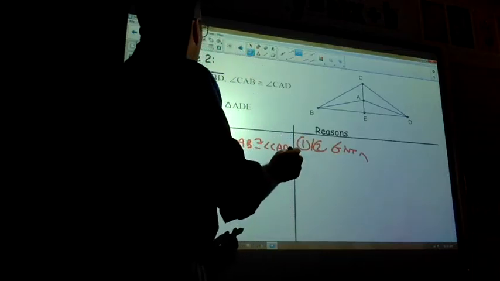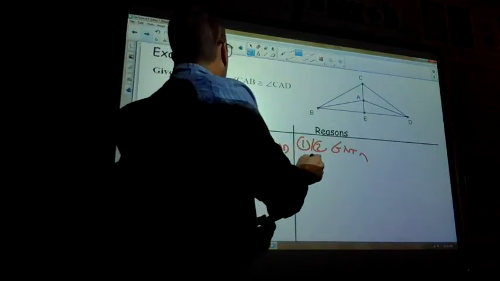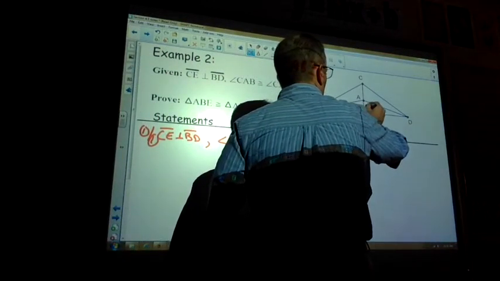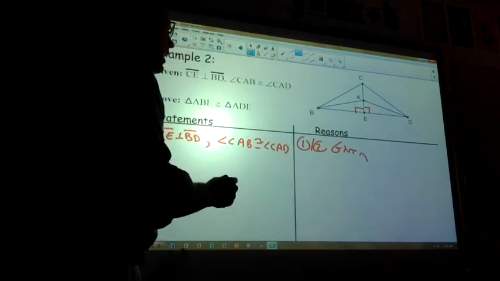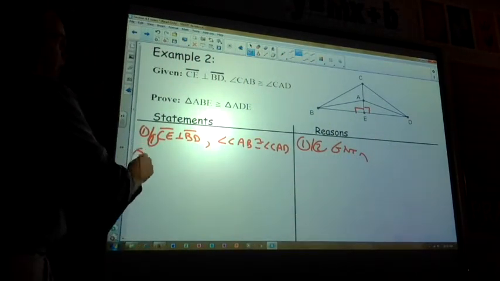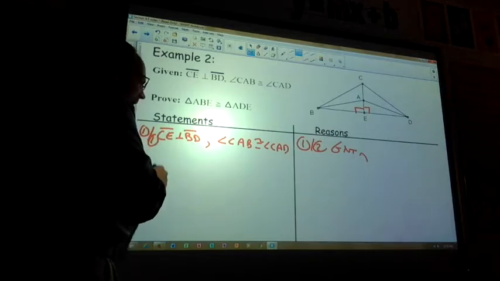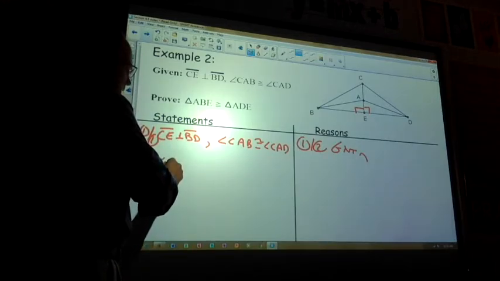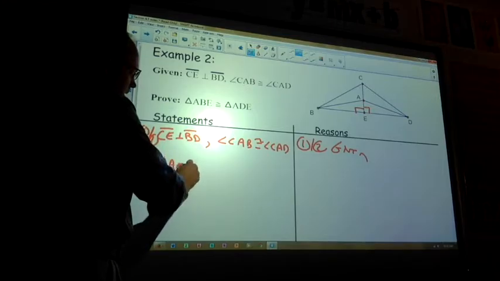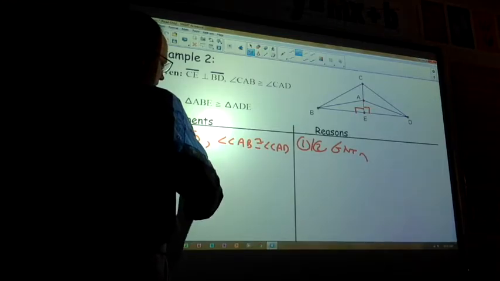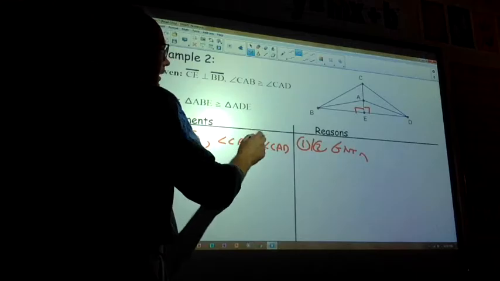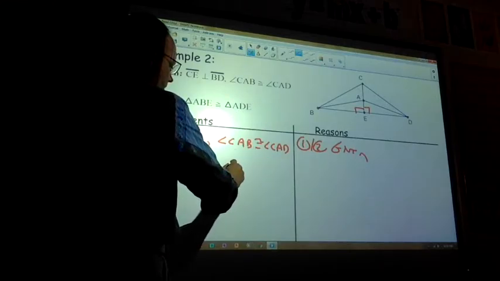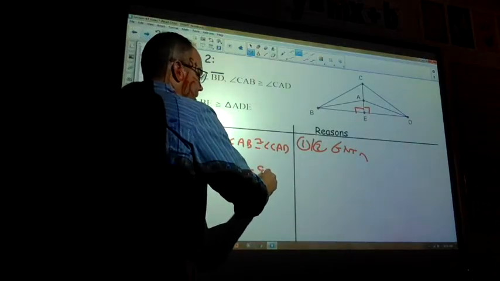All right, so that should indicate that we know this and this. So let's go ahead and label it. Angle AEB and angle AED are equal to 90 degrees.